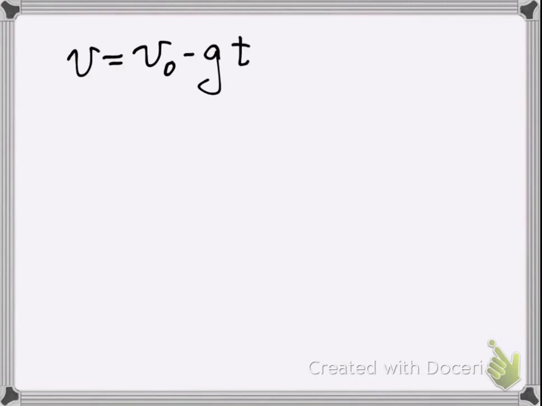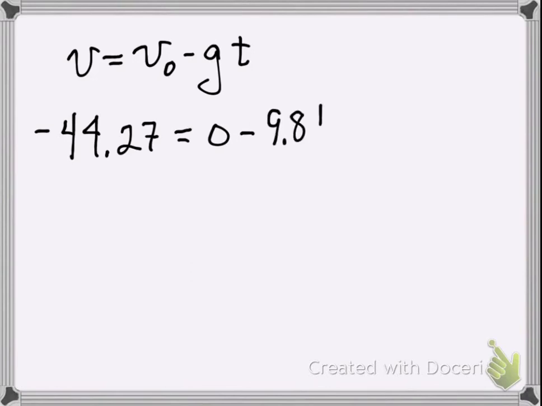We just found v is equal to negative 44.27. We know that v sub 0 is 0. And then we have minus gt. G is negative 9.8, but we don't know what t is. So now this turns into negative 44.27 is equal to negative 9.8 times t.